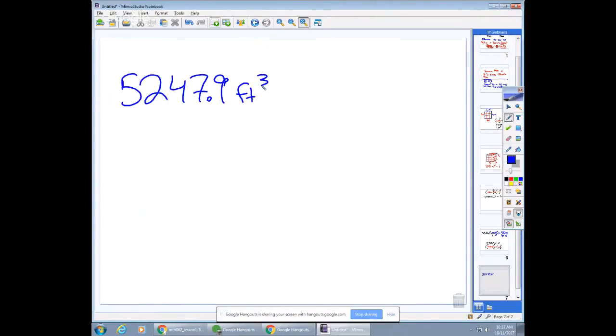So if I want to change that measurement from feet cubed to inches cubed, since I know there's 12 inches in a foot, that means I'm going to have a 12 cubed here as my conversion factor. I don't even care what 12 cubed is. 12 cubed is a number I can use. I don't have to multiply it all out. And there's 1 in the bottom. So that gets me that conversion.